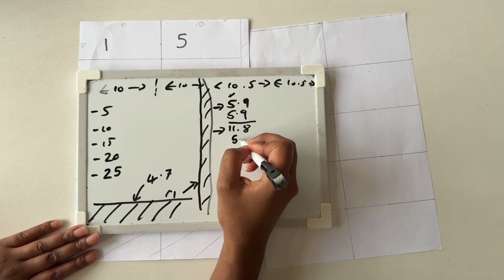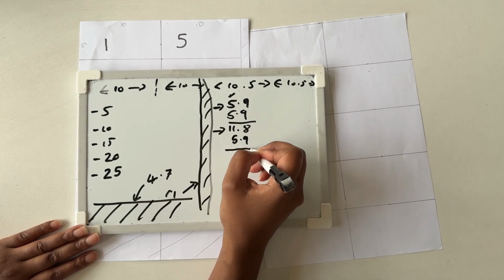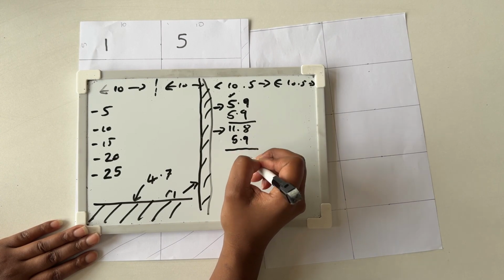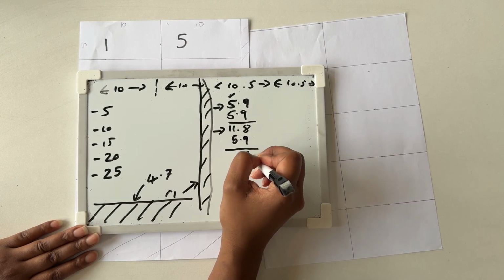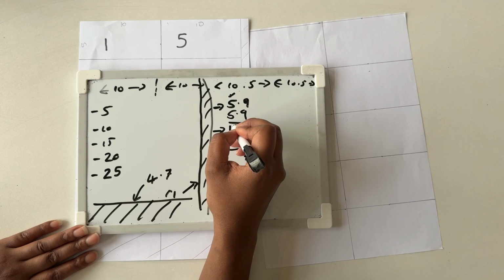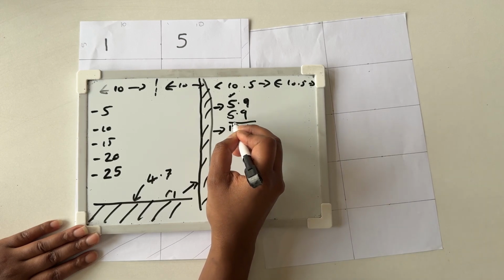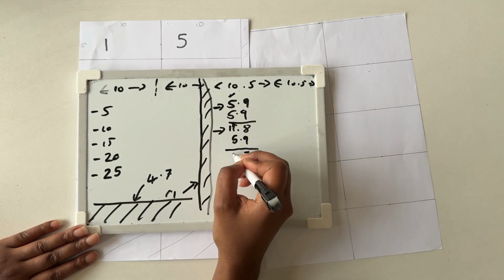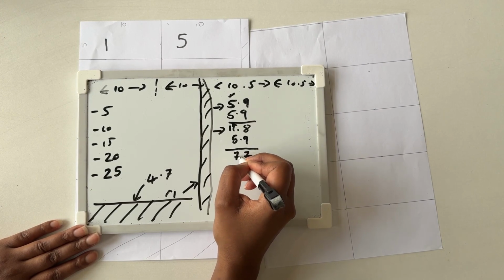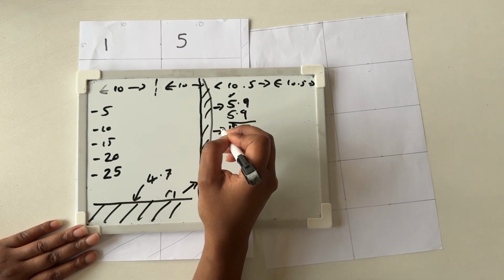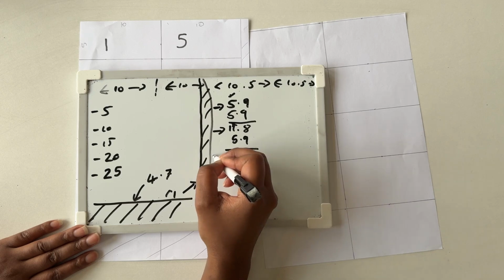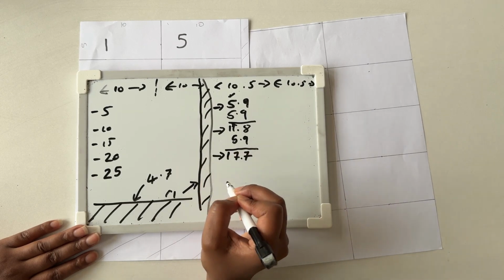You're going to add another 5.9. 9 and 8 is 17. Carry the 1. 5 and 1 is 6, plus the 1 is 7. So your next point is going to be 17.7.